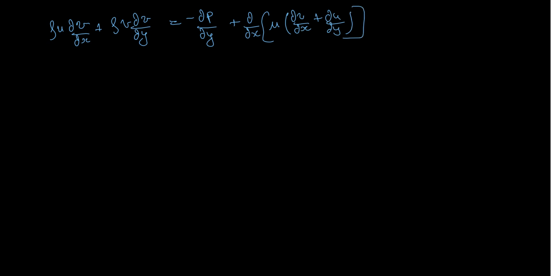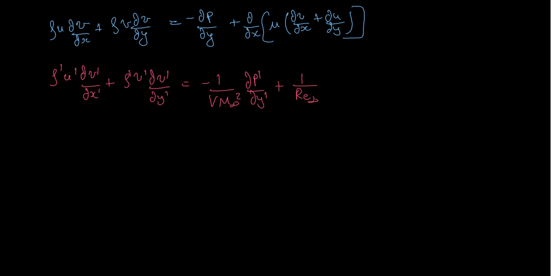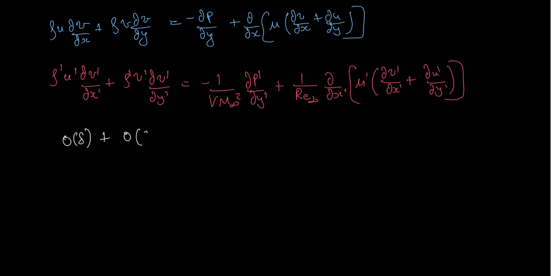And if I non-dimensionalize it, I'll get something like this. Now if you write the order of magnitude analysis for this equation, which we can write very quickly as this, this term will be of order delta, and this term will also be of order delta, which is minus 1 by gamma M infinity squared.